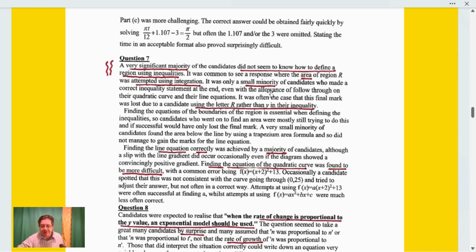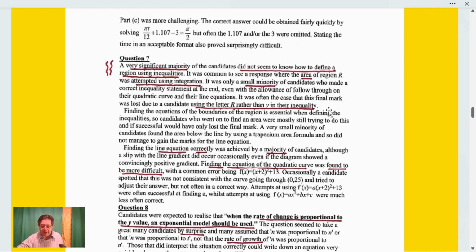Only a small minority of candidates made a correct inequality statement at the end. It was often the case that the final mark was lost due to a candidate using the letter R rather than y in their inequality. So this is one of these questions where many candidates did not get it right.